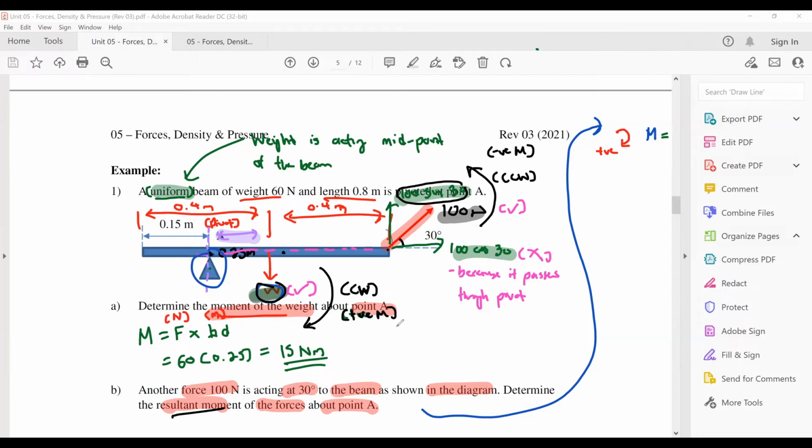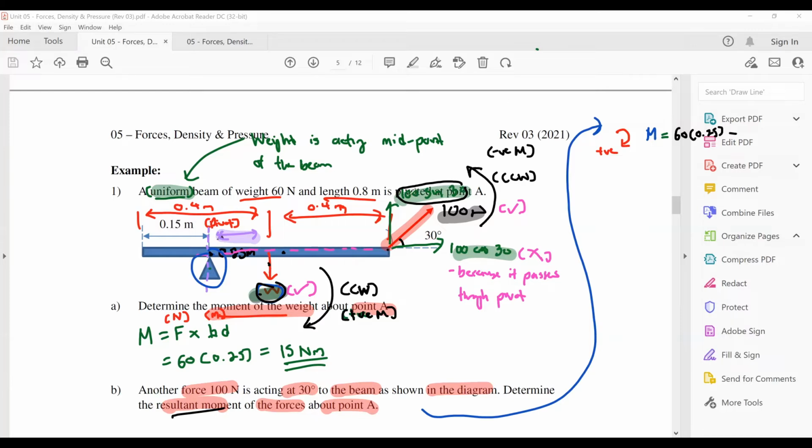All right, so you put in all your moments caused by the forces. If I consider the weight, it will be 60 times 0.25. We already did this just now. How about the 100 sine 30? It will be a negative moment because you see it's counterclockwise.